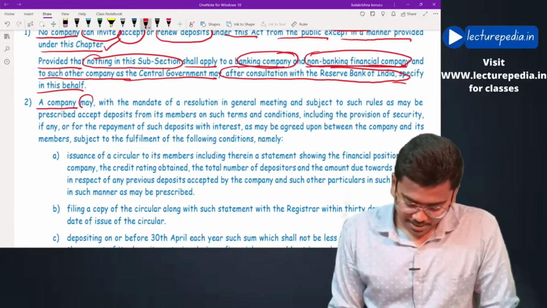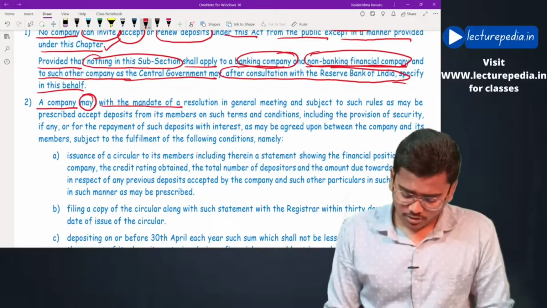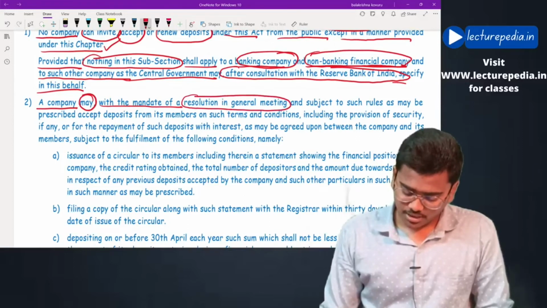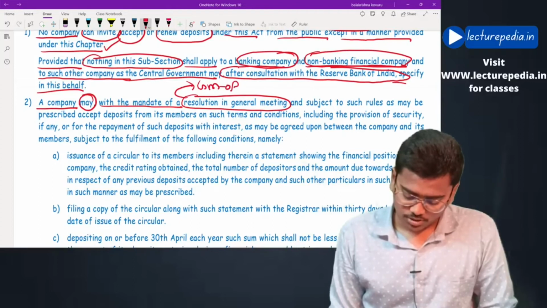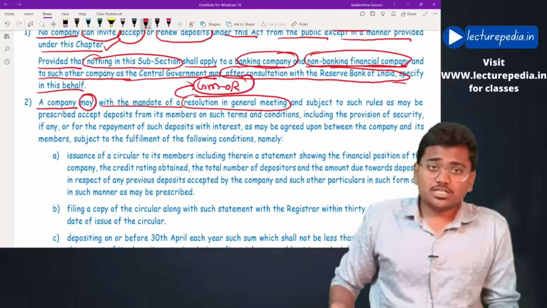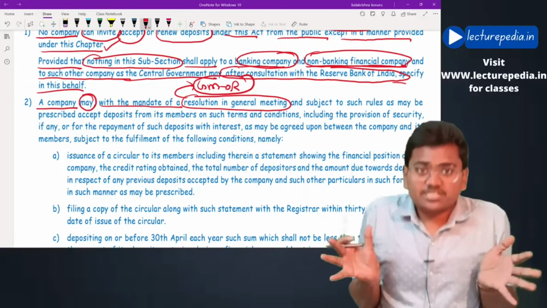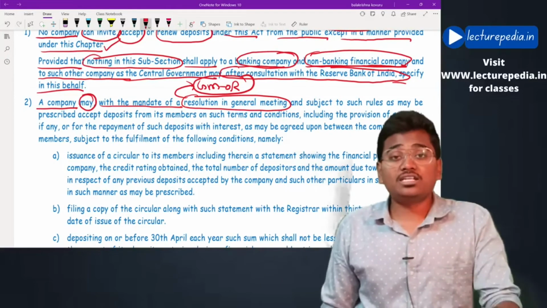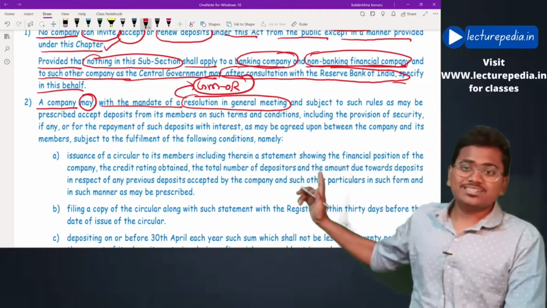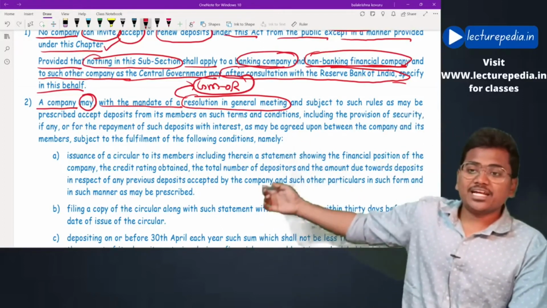Next, a company may, with the mandate of resolution in the general meeting. Okay, here resolution means general meeting ordinary resolution. If it is not specifically specified as a special resolution, you can assume it as ordinary resolution. If you see here, it says company may with mandate of resolution.